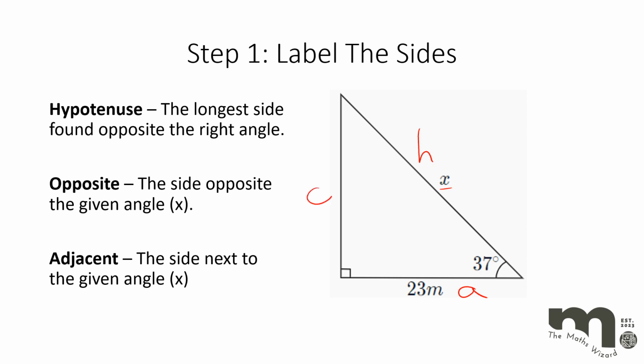Then we've got the opposite side here, which we're not really doing anything with, but just for the purpose of this, I'll show you that that's the opposite because it's directly opposite that angle that's 37 degrees. But what you might want to do, and this will help you with step 2, is label the ones you're working with. So we're working with the hypotenuse because it's got an X on it, and we're working with the side that's 23 meters.